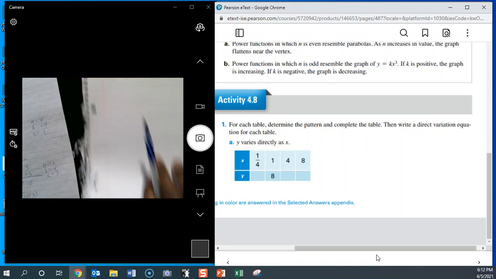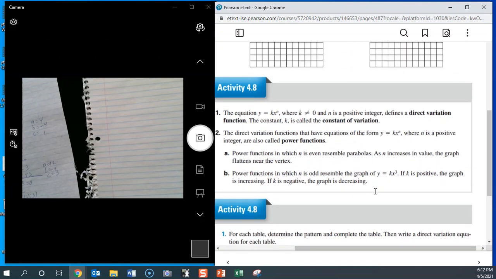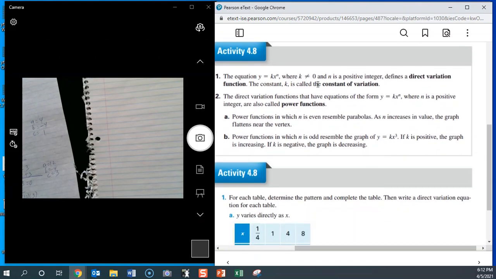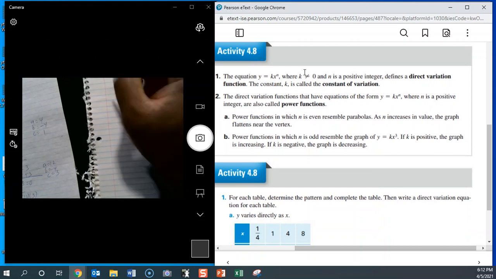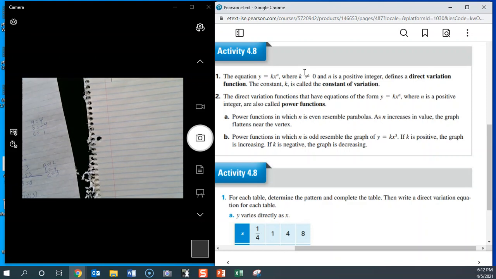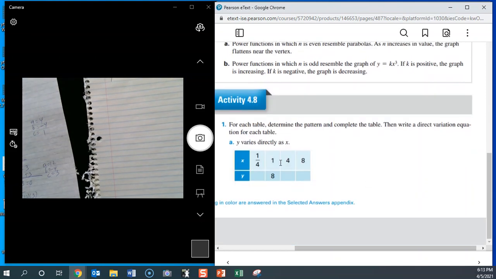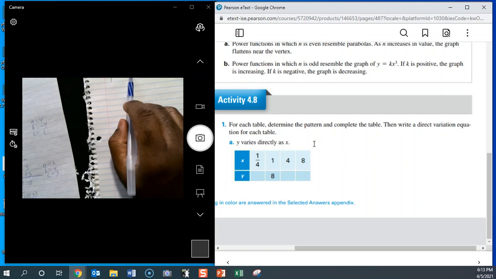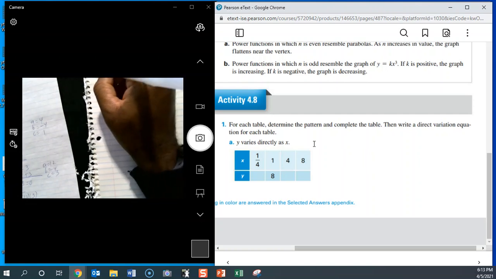First of all, we can look back up here. The direct variation is y equals kx to whatever power. Now they didn't tell us a power here, so we're going to assume that it's to the 1 power. So this is the equation that we're using for direct variation.